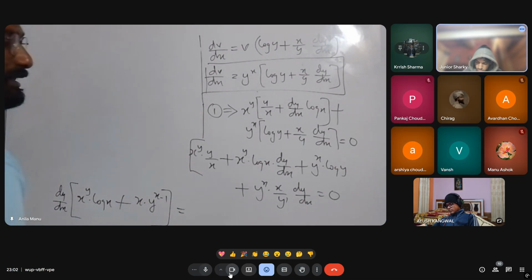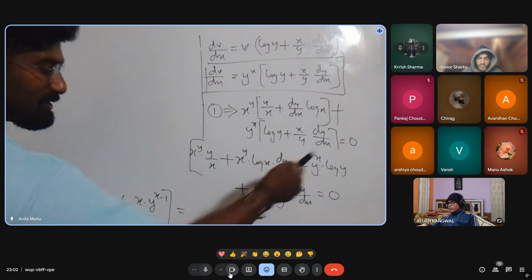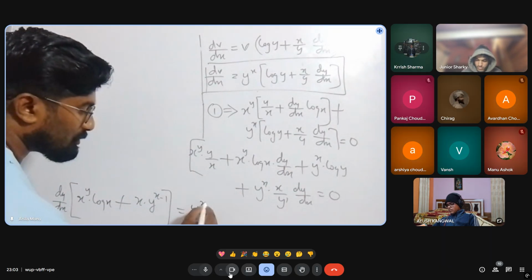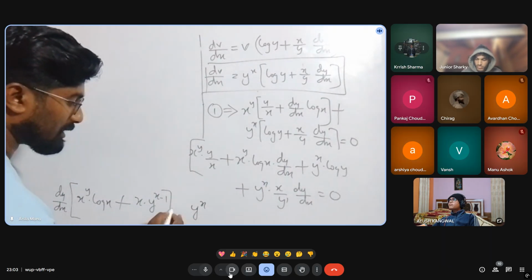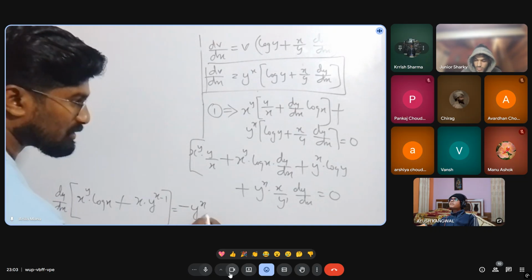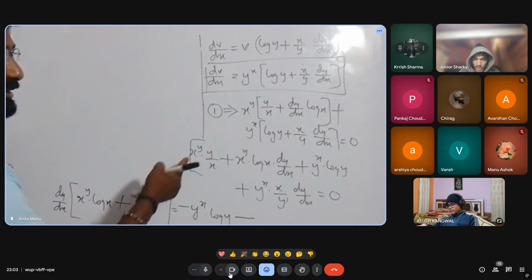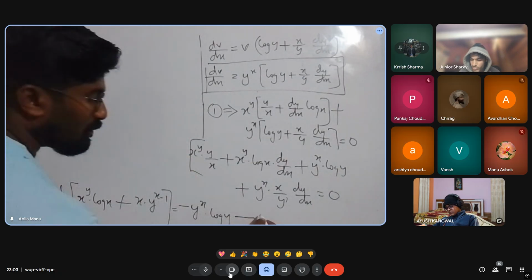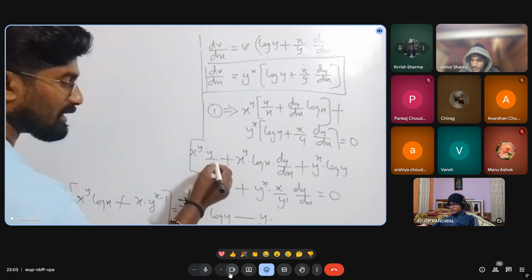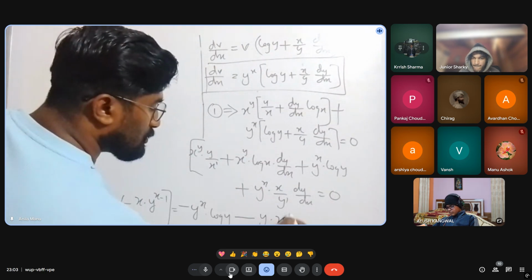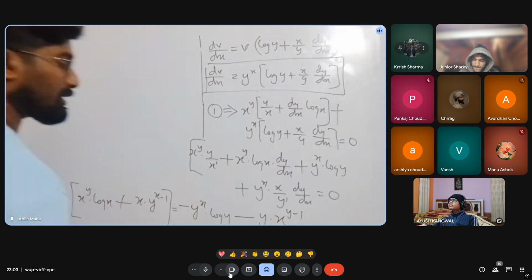Is equal to the right side. First you can write y raised to x log y, then minus, the same way, y into x raised to m by x raised to n, that is x raised to m minus n, so y minus 1.